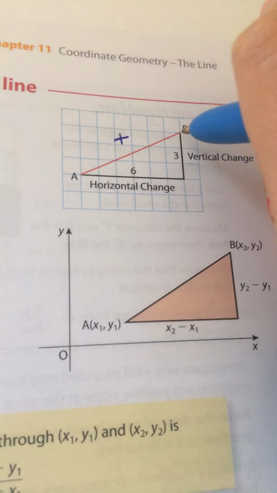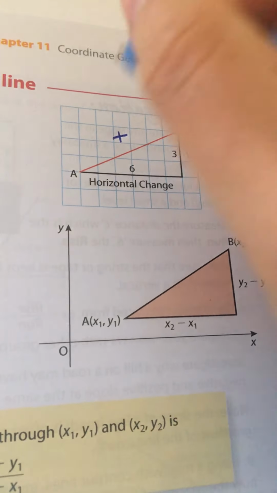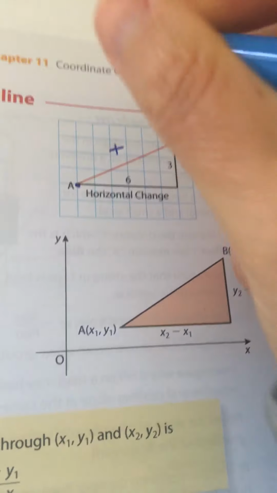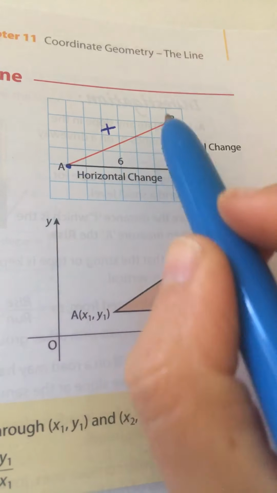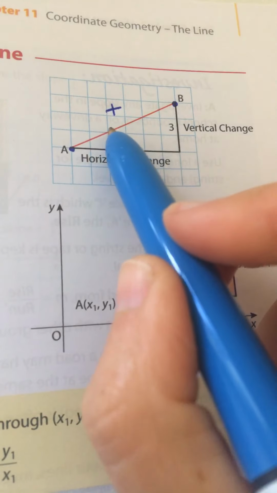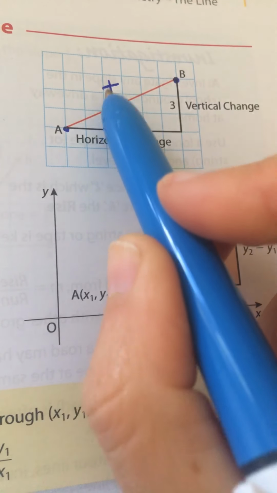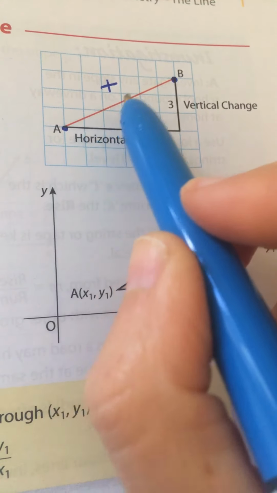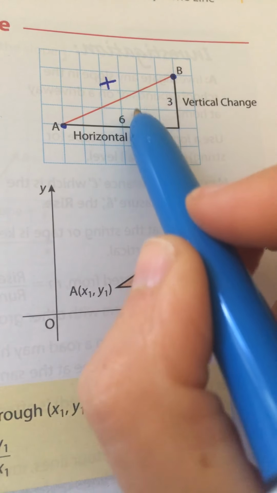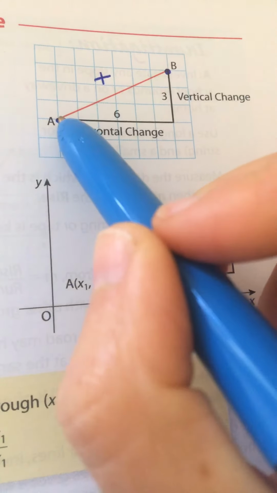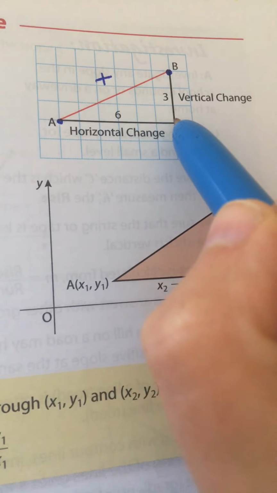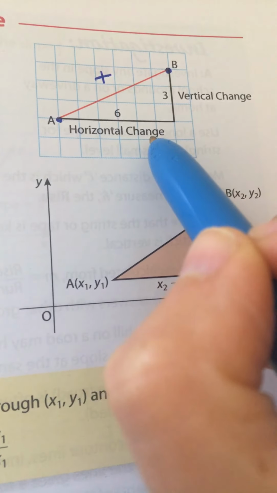So what we do is mark 2 points on the line that are points on the grid. Do you see where the 2 blue lines cross over? That would be another one there where the 2 blue lines cross over, and that would be another one there. And then we say, how far across does the line go? They call it the horizontal change.